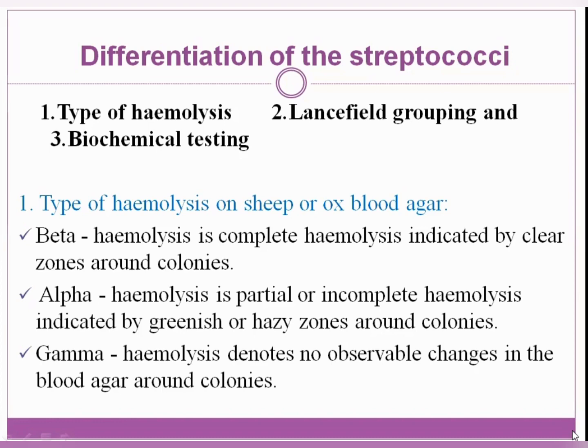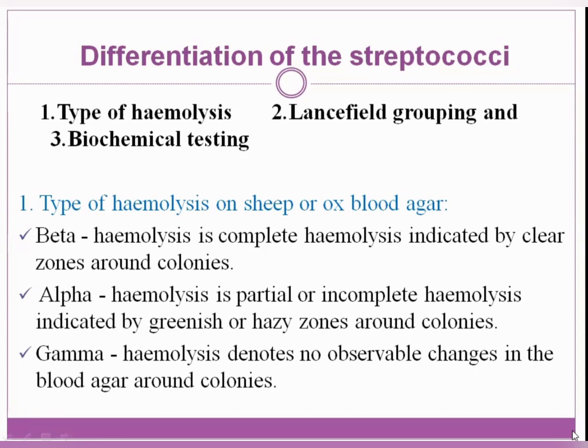The second one is alpha hemolysis. Alpha hemolysis is partial or incomplete hemolysis indicated by a greenish or hazy zone around the colonies. It is not clear, and it may be a greenish or hazy zone around the colonies. That means alpha hemolysis. The next one is gamma hemolysis.